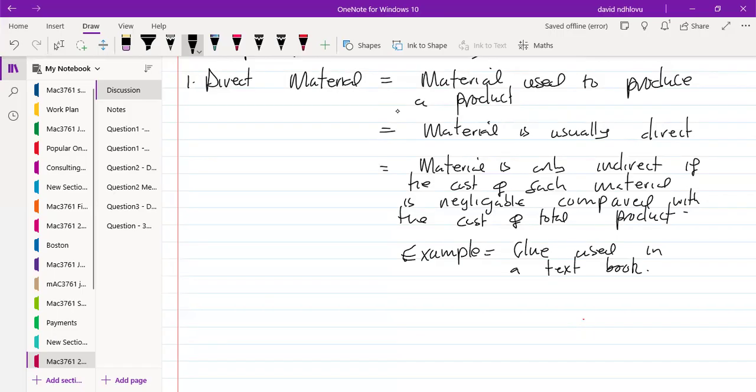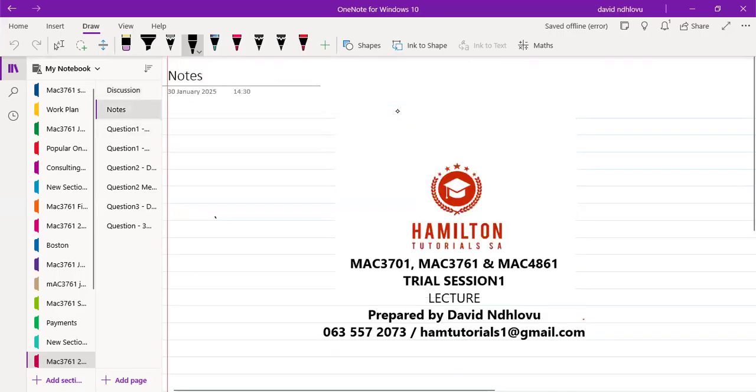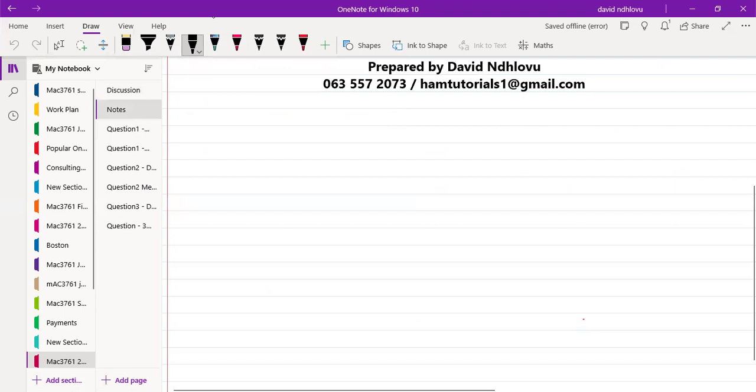When you produce a textbook and use glue, you probably buy glue in a drum, but to fasten a textbook you only need a few swabs of glue. Let's say the drum of glue cost you 1,000 rand, but you are going to fasten 10,000 books with it. If you divide 1,000 by 100,000 books, you get 0.001.